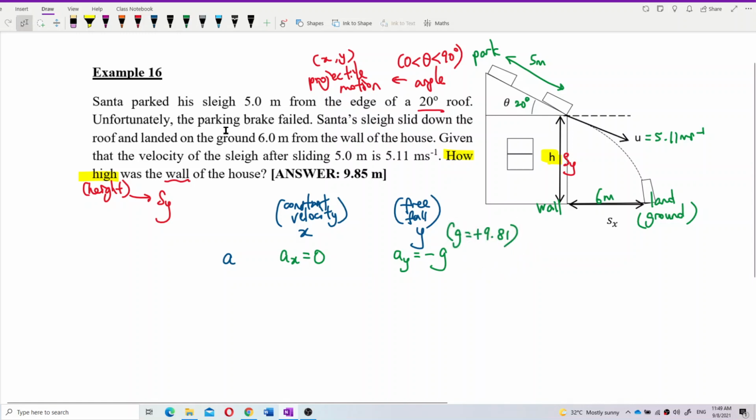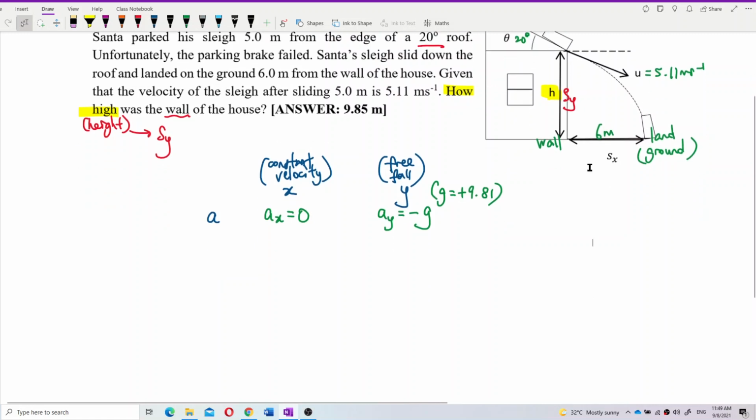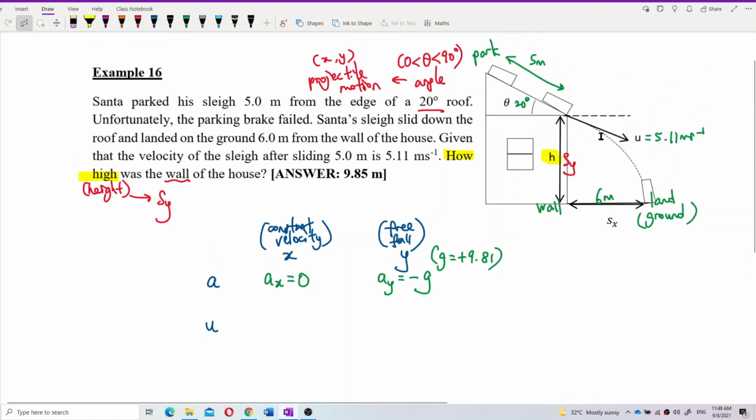Now, what else do we have? In the diagram, we have the initial velocity, so let's write the initial velocity u. We need an angle, because we need to resolve into x and y components. So what is the angle? Normally we refer to the x-axis.